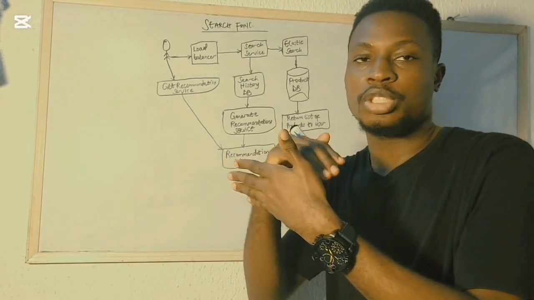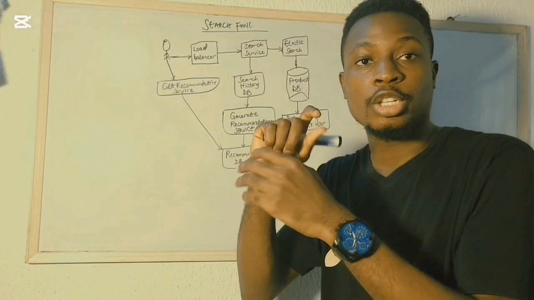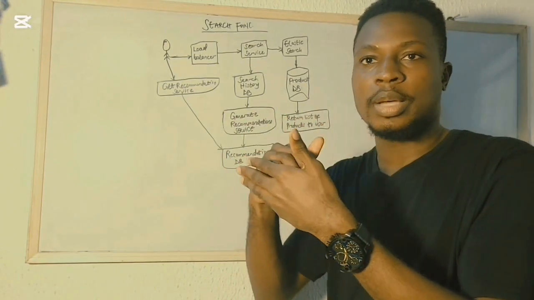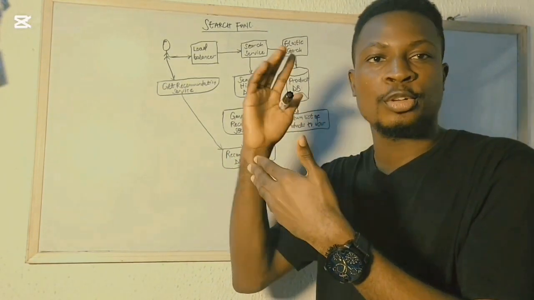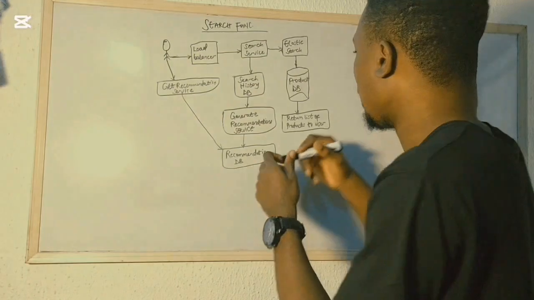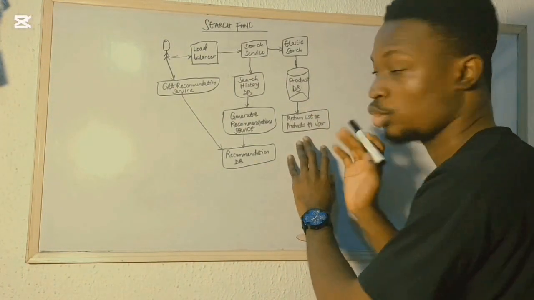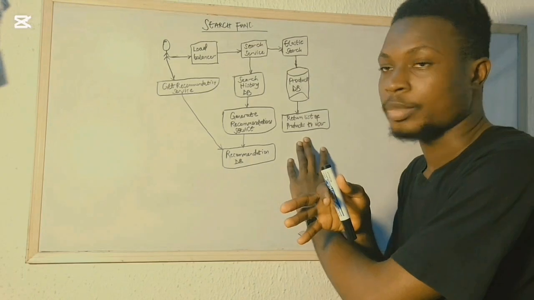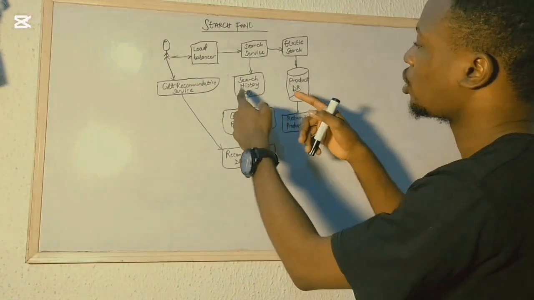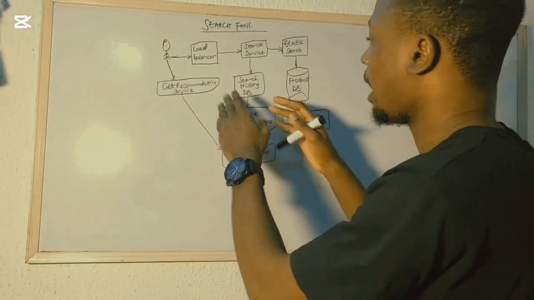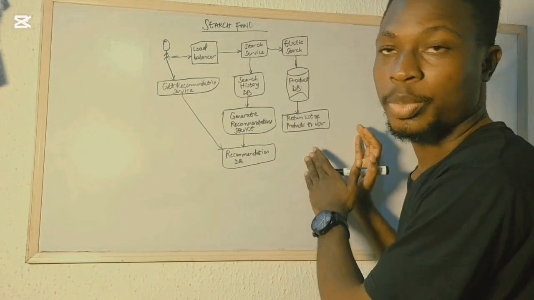Then it returns the list of the products to you, and you can see that for yourself.